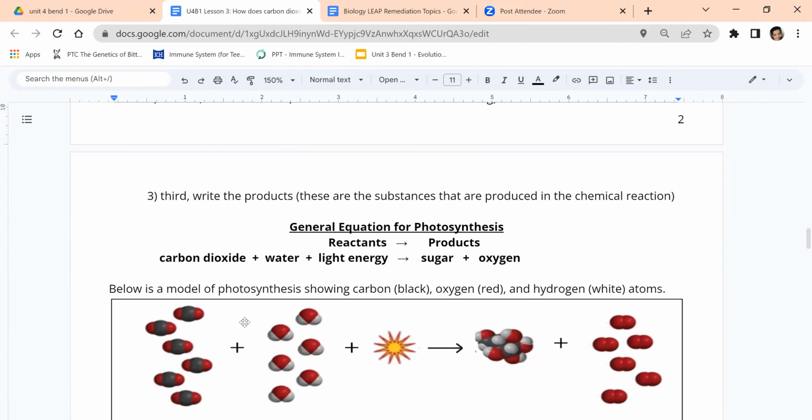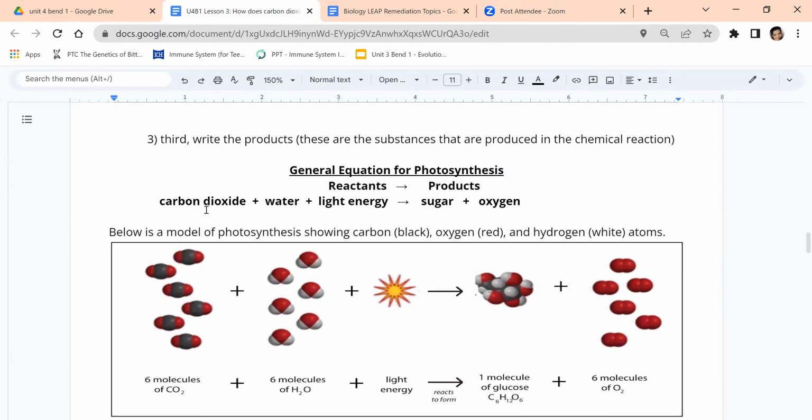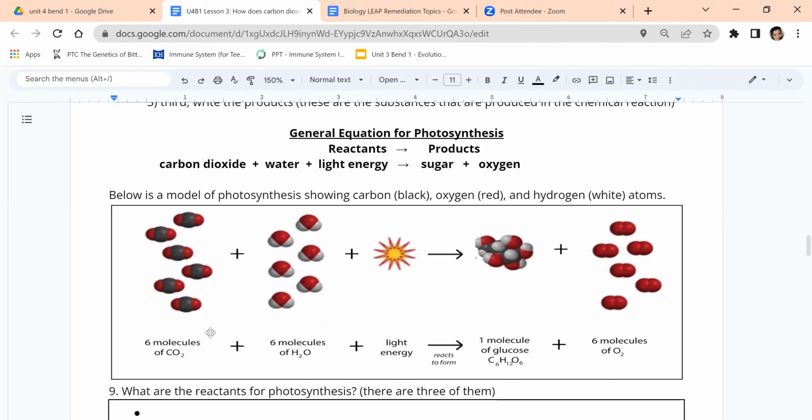And so the general equation for photosynthesis says that carbon dioxide, water, and light energy, which are our reactants, combine together and produce our products, which are sugar and oxygen. So down here, we have a different way of looking at this equation.